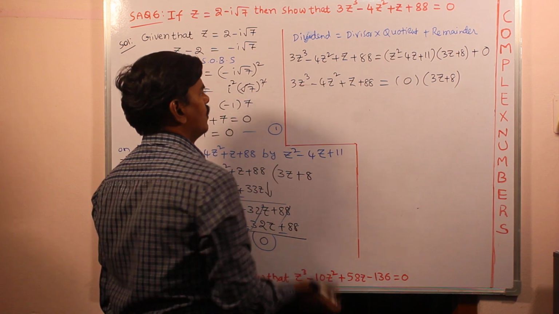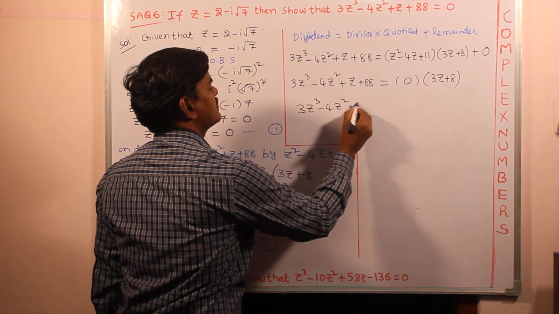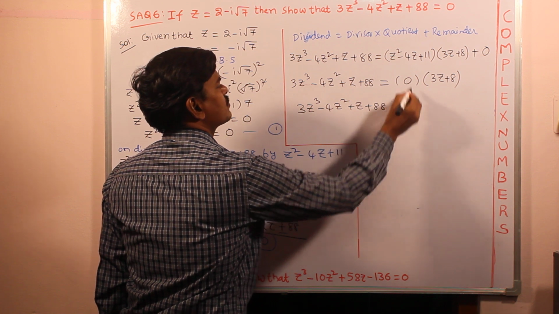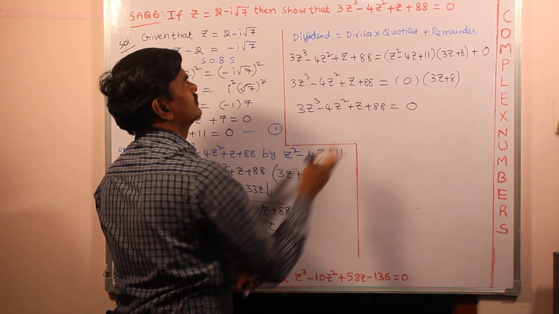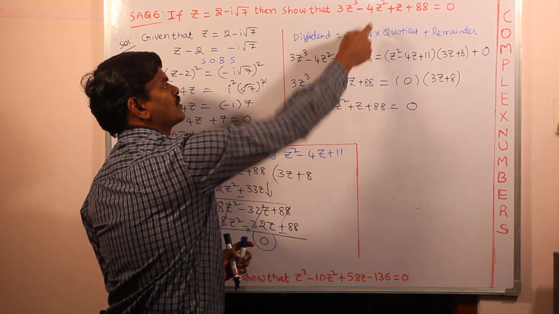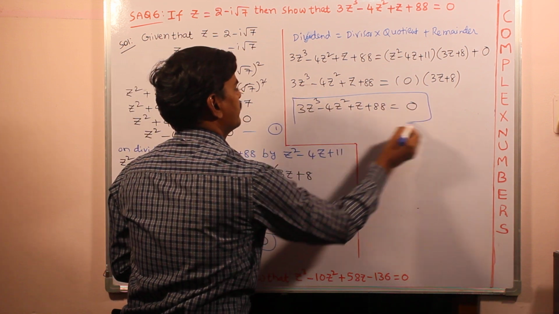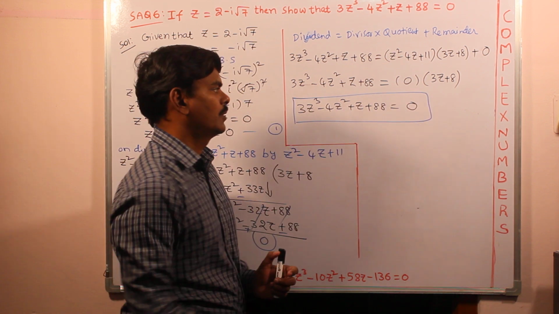Now 3z cube minus 4z square plus z plus 88 equals 0 into something, which is 0. So I think you got the required proof, or not? 3z cube minus 4z square plus z plus 88 equals 0. This is what we were required to prove. Okay, thank you.